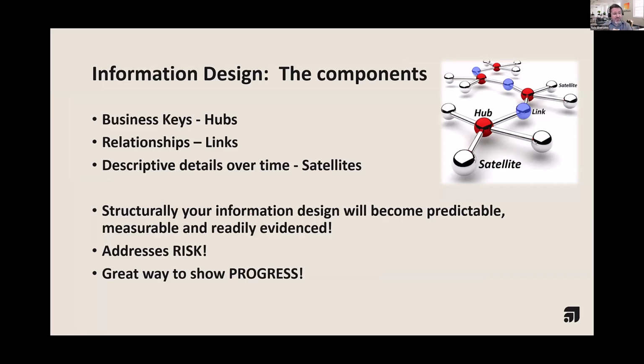And that's the secret sauce for the business, because the business always thinks in terms of their business processes. And so having that overview across the business processes through the relationships is extremely important.